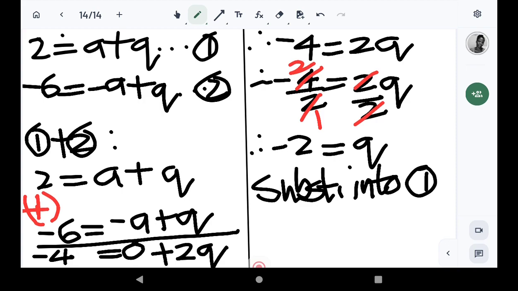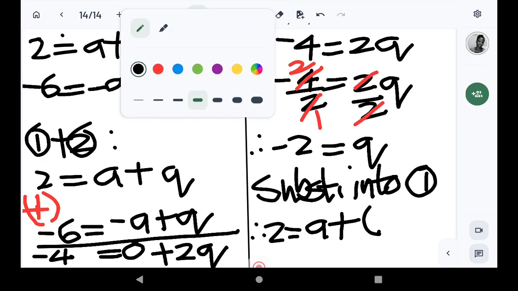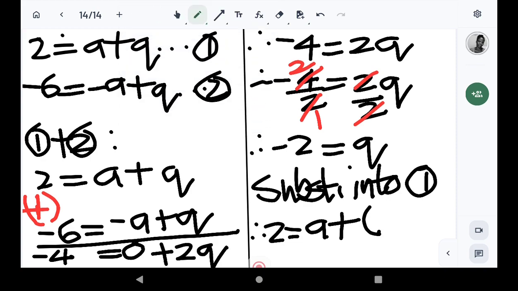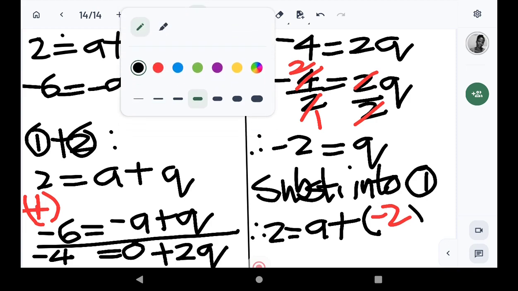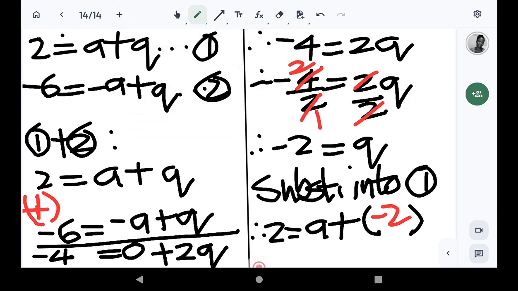Now, what you do is you substitute this Q into equation 1, whichever. I used equation 1 because it's the simplest. Work with the simplest. So you go: 2 equals A plus, where there is Q, you put in brackets negative 2.